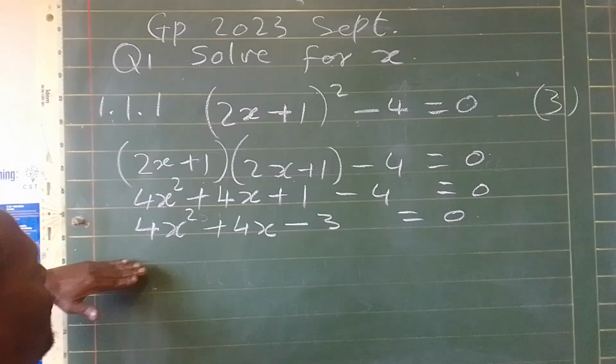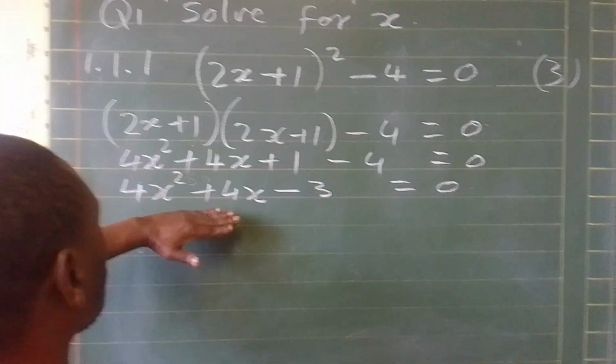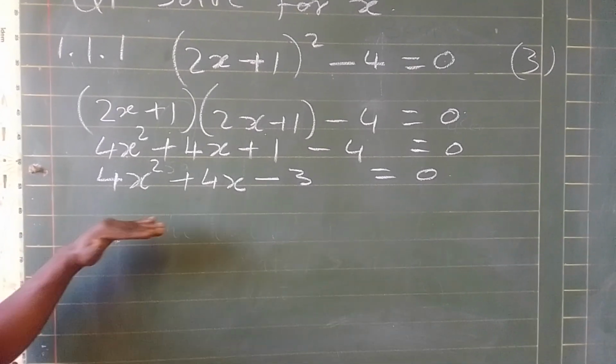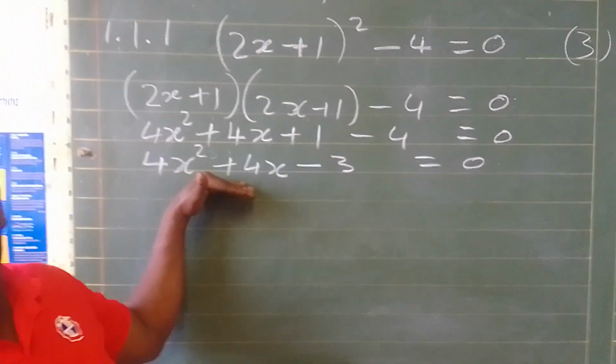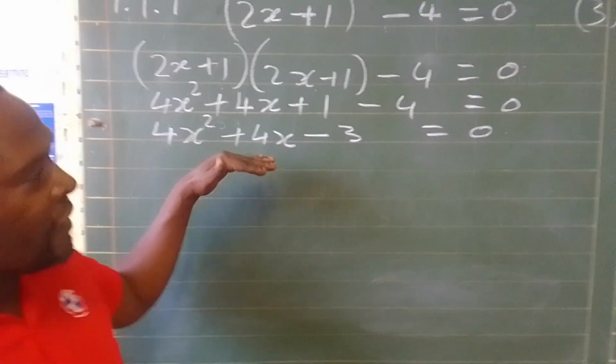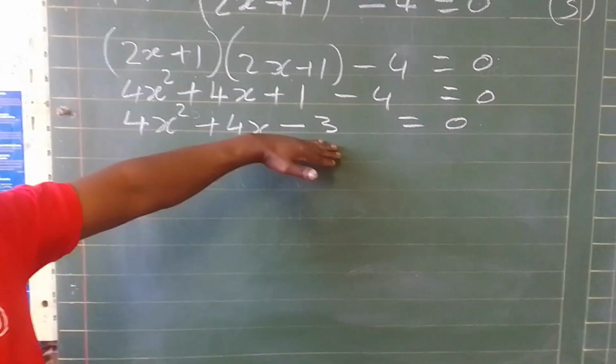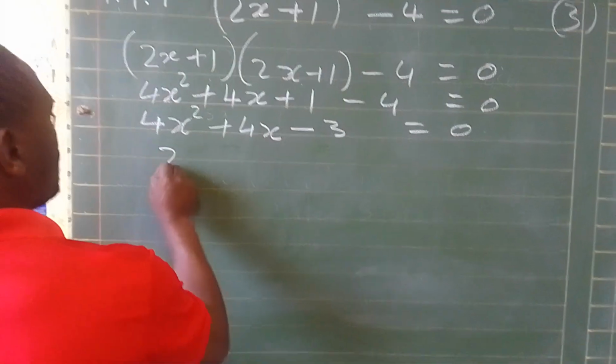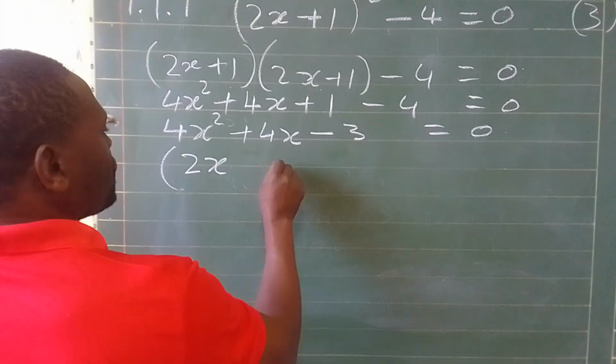Now you have to factorize this. Some people can use the quadratic formula, but it is easy for you to do a factorization at this point.